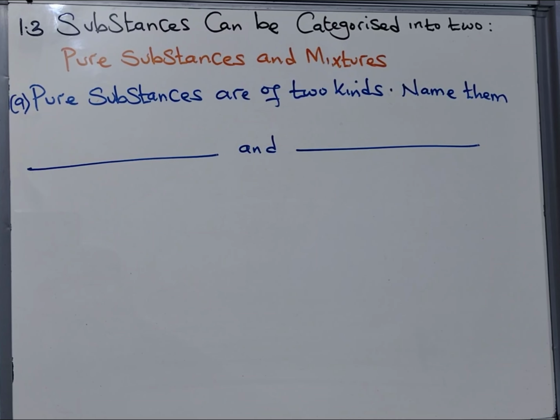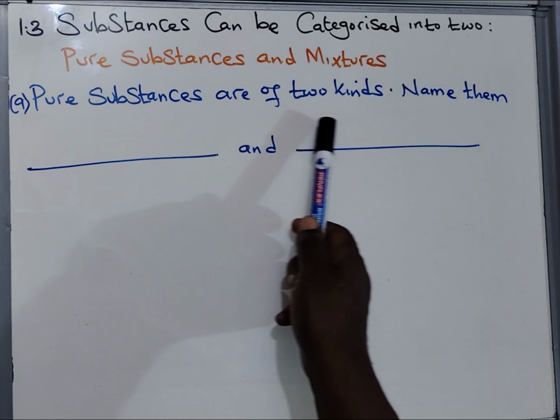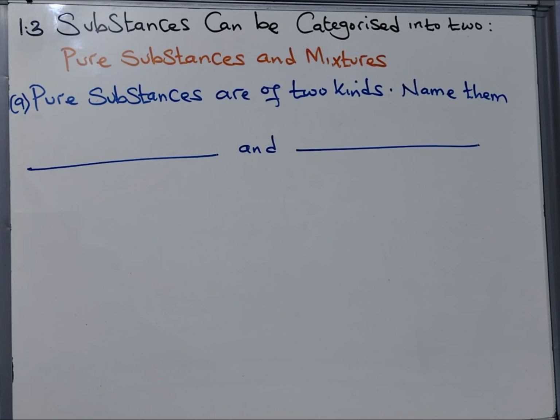Then comes this question. It says that substances can be categorized into two: pure substances and mixtures. Pure substances are of two kinds. Name them. So what are pure substances?